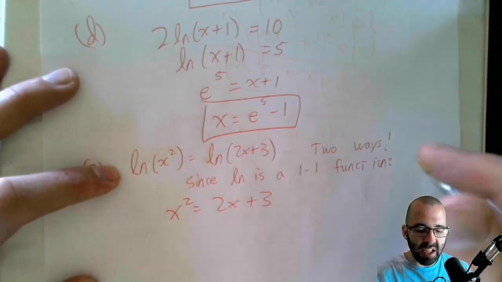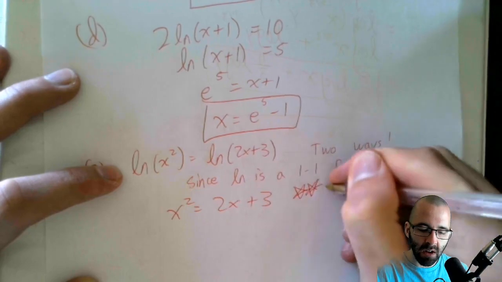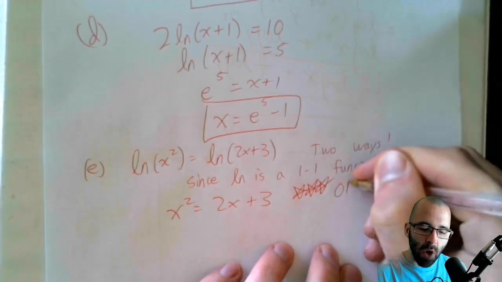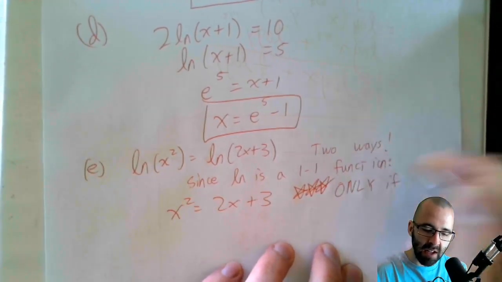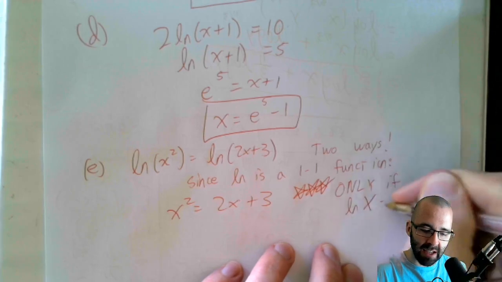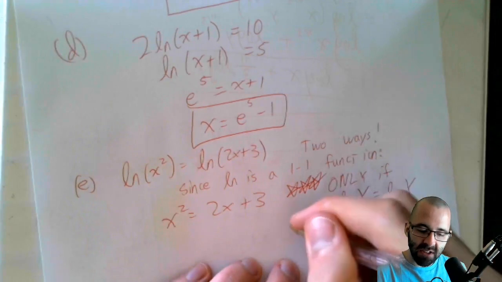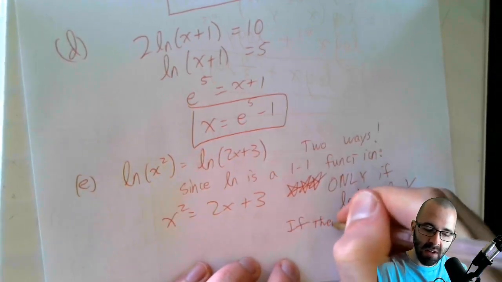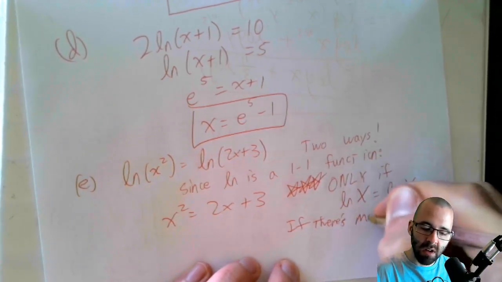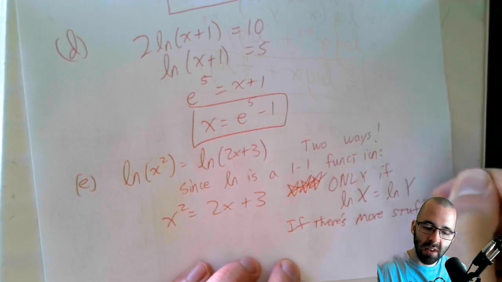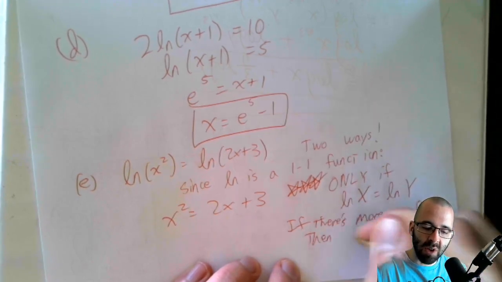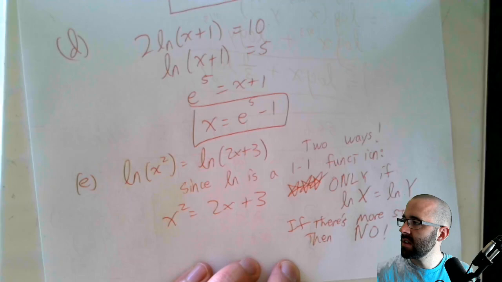But this is only if we have the natural log of something equals the natural log of something else. If there's other stuff, then you can't do this. So watch out.